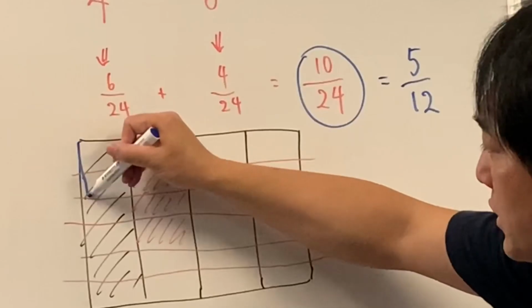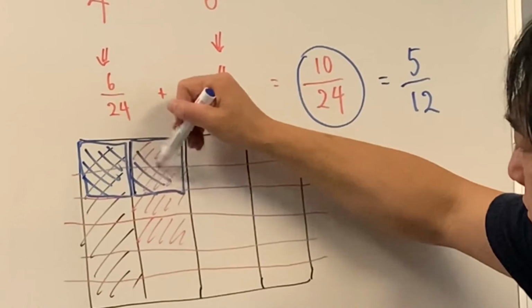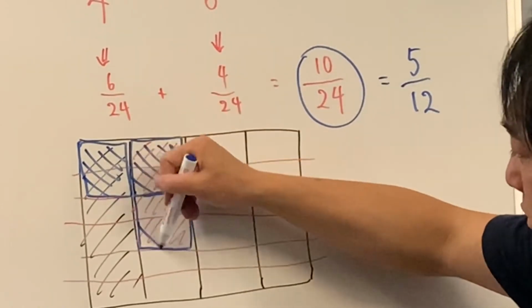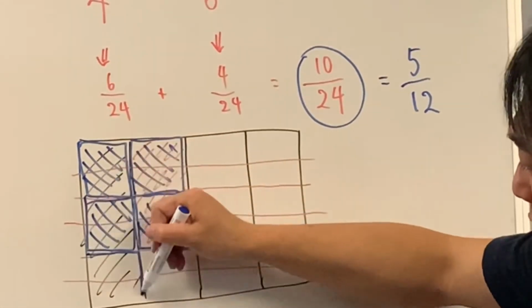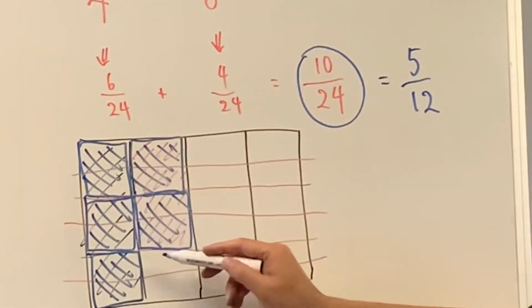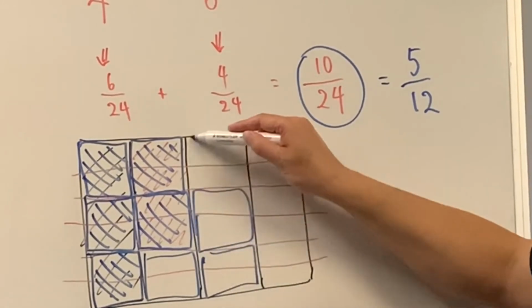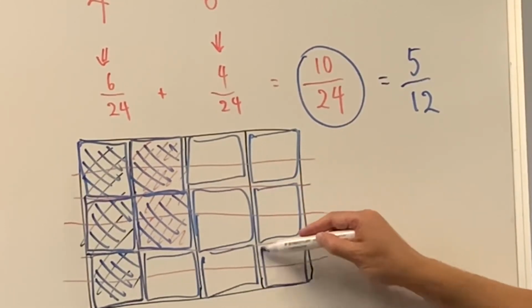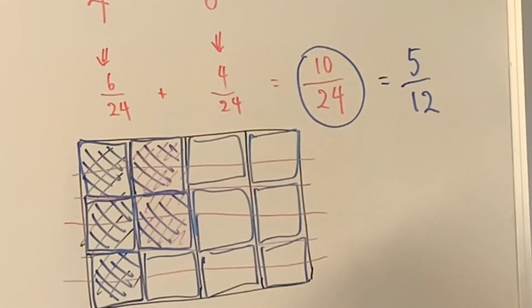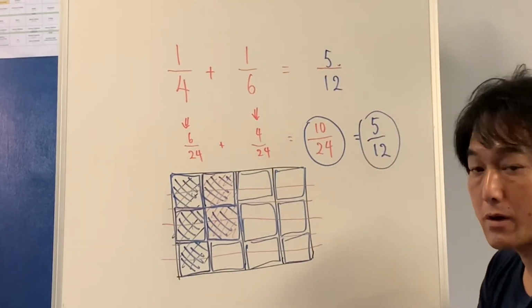If I take one chunk there of 2 pieces, one chunk there of 2 pieces, one chunk there of 2 pieces, one chunk of 2 pieces, one chunk here of 2 pieces, there are not 24 equal chunks, but I can see 12 equal chunks, and I've got 5 chunks there. 10 24ths, great, that's the answer.